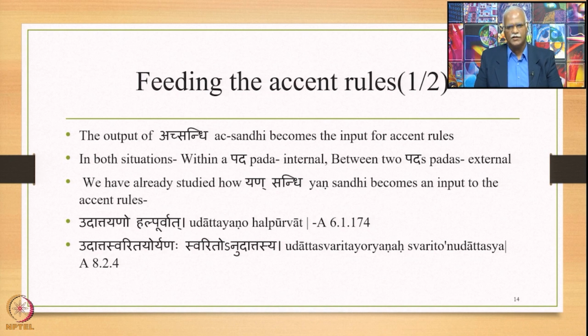We have already studied how yan sandhi becomes an input to the accent rules when we studied two important sutras, Udatta Yano Hal Purvat 6.1.174 and Udatta Svaritayor Yanah Svaritonudattasya 8.2.4.